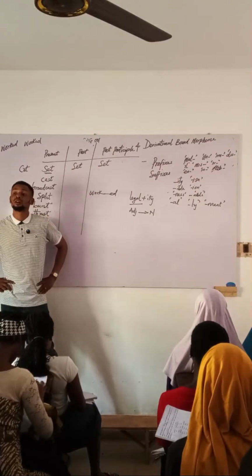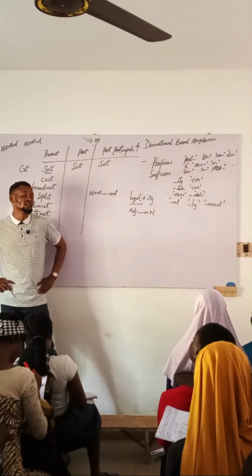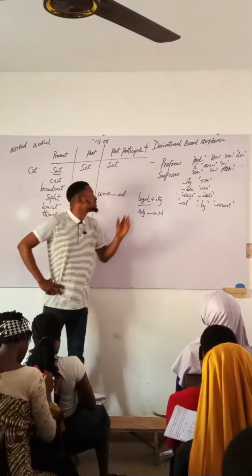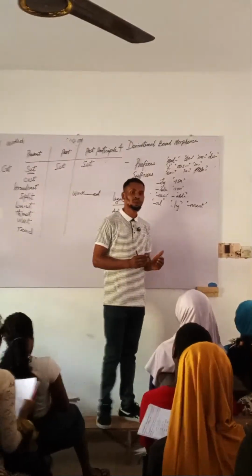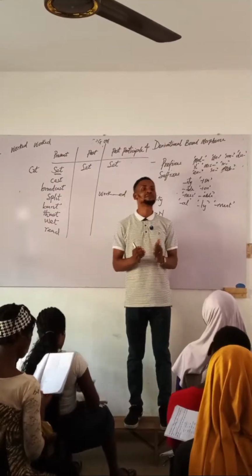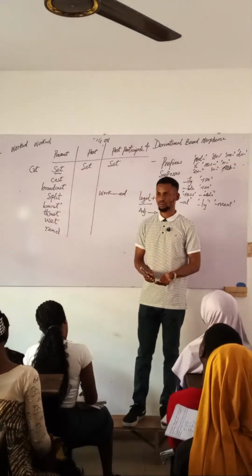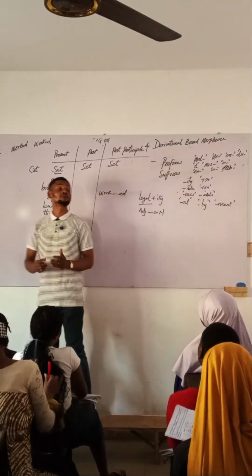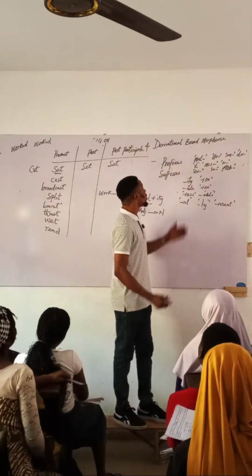All right, so you begin to wonder, what is the relevance of all of these things to your overall knowledge of the English language? The main purpose of derivational bound morpheme is that it can help you in forming the right antonyms of some words.